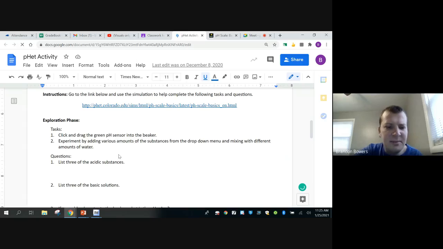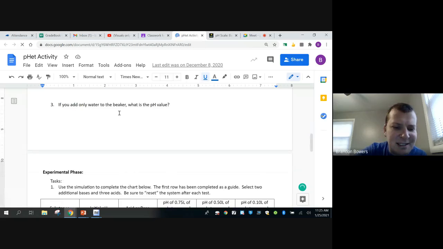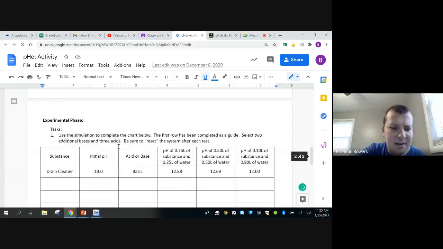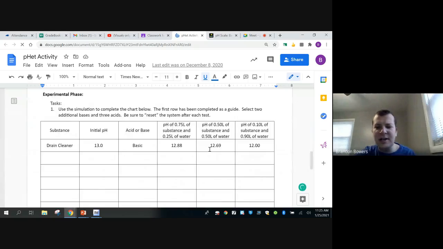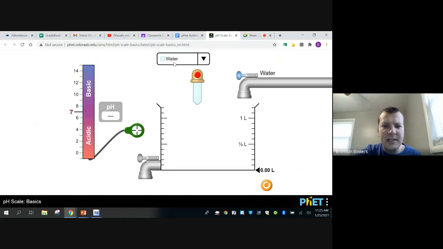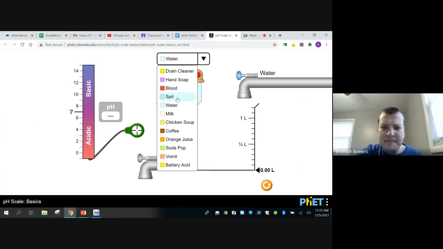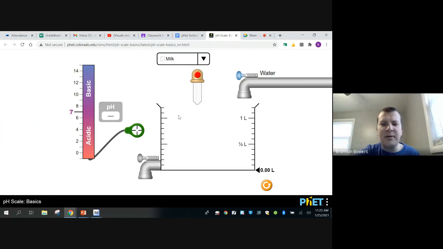In today's lab, you have to find 3 acidic solutions and go down here. Drain cleaner's already done for you. So let's do a different one. Let's do coffee or milk. Let's do milk.